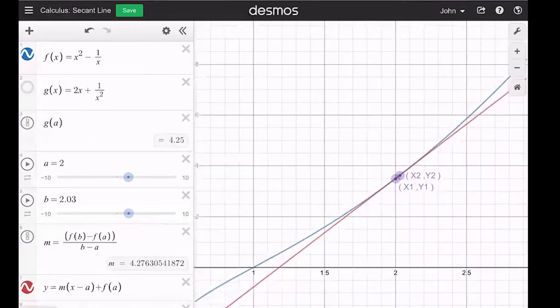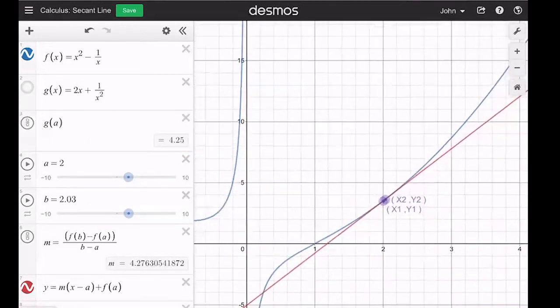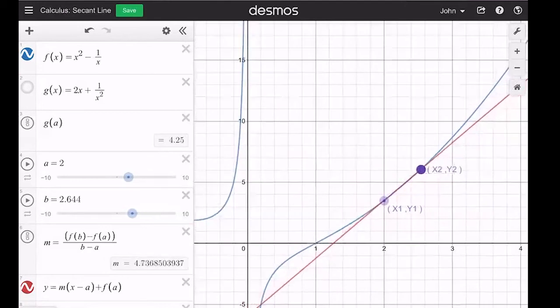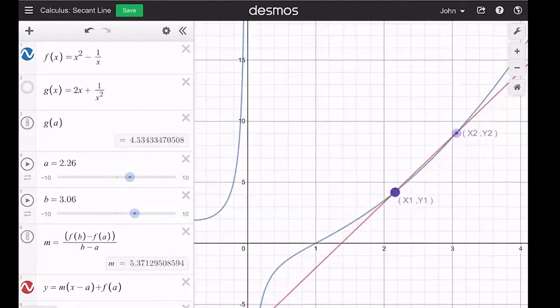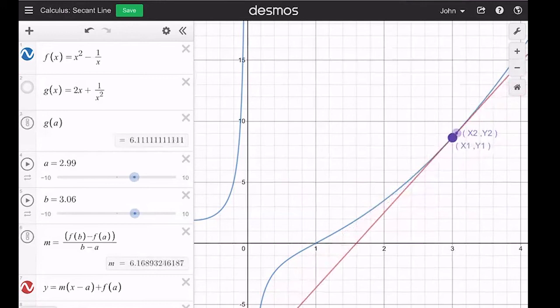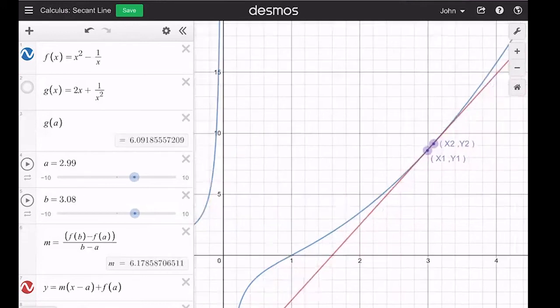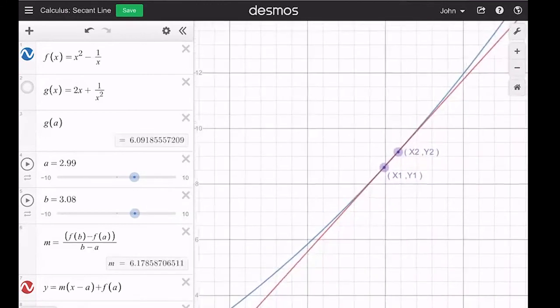What happens if we zoom out and now pick a different point? Let's say we try a equals 3, and I'm going to drag both a and b really close to 3. When I zoom in on that, what are the slopes? Well, the slopes are about 6.17. I look a little bit closer, 6.12, 6.13.